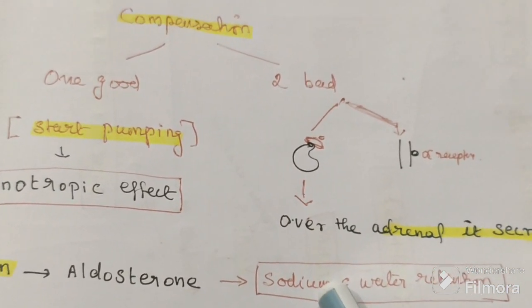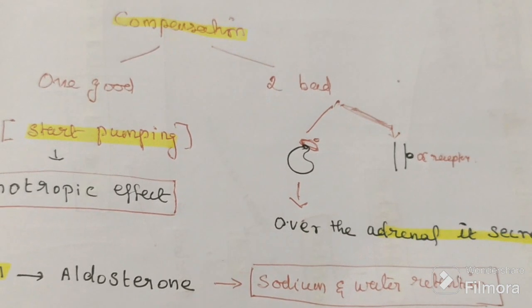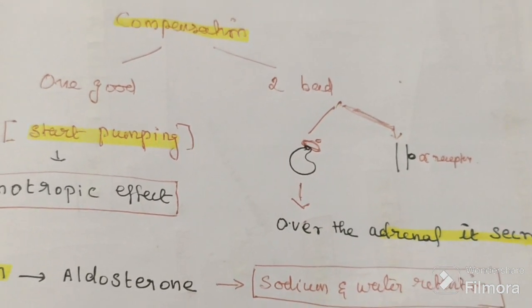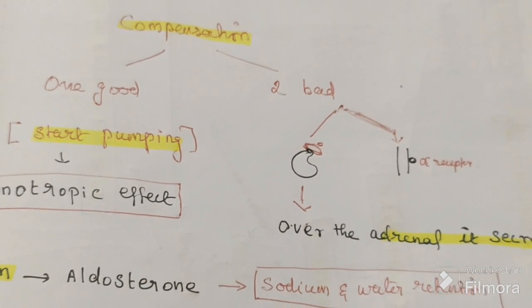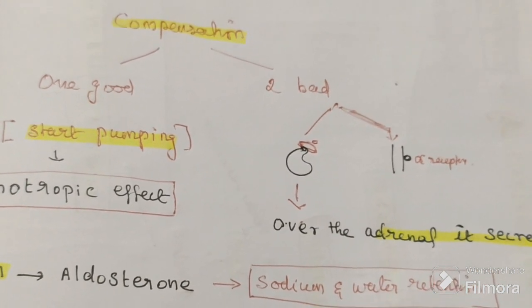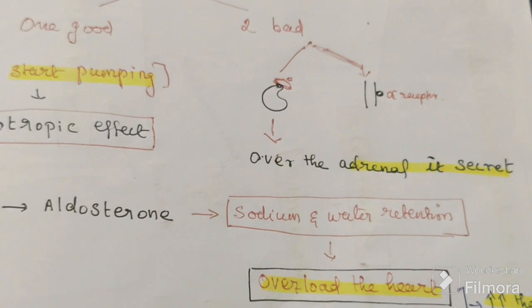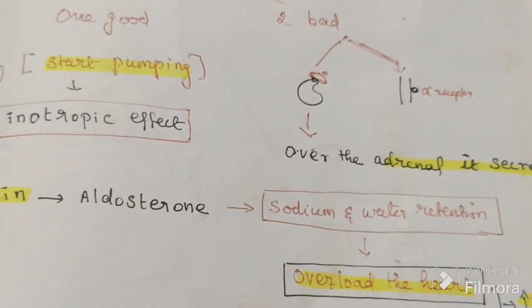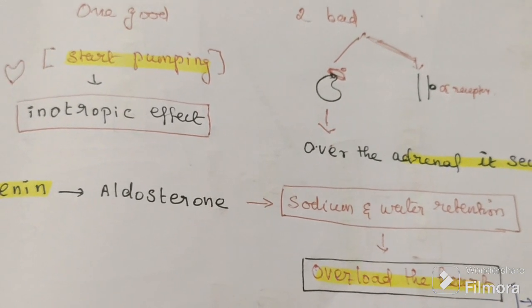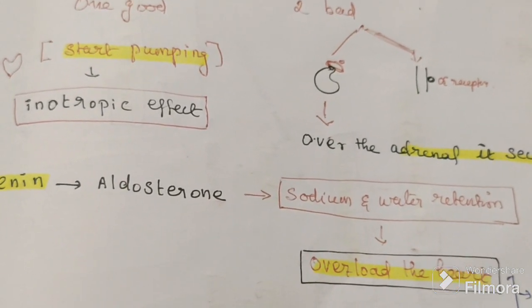So what will that renin do? The renin angiotensin pathway comes into play, and it will increase blood pressure. So there is overload: it increases preload and it will increase afterload.